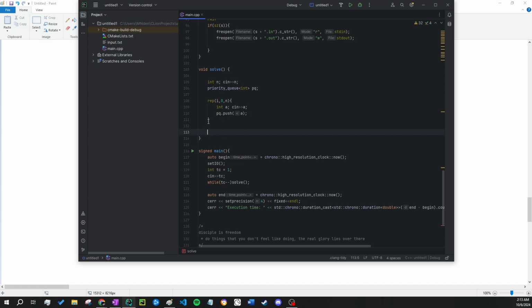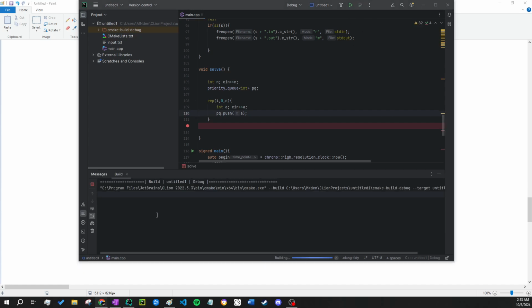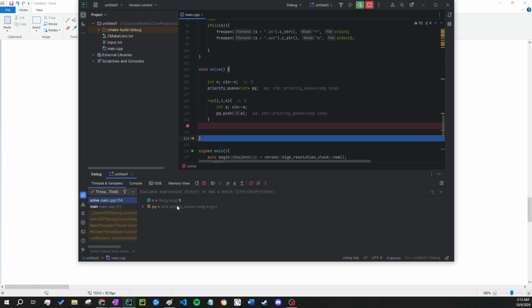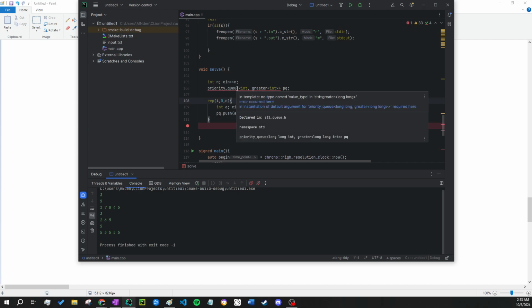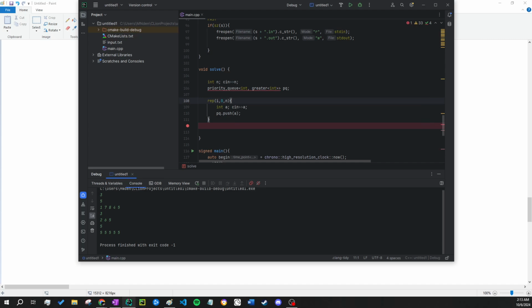Let me just check it real fast. Let's stop right here. PQ 8.5. Nope, I was wrong. Oh, how do you? Damn it. Do I have to worry about the syntax right now?